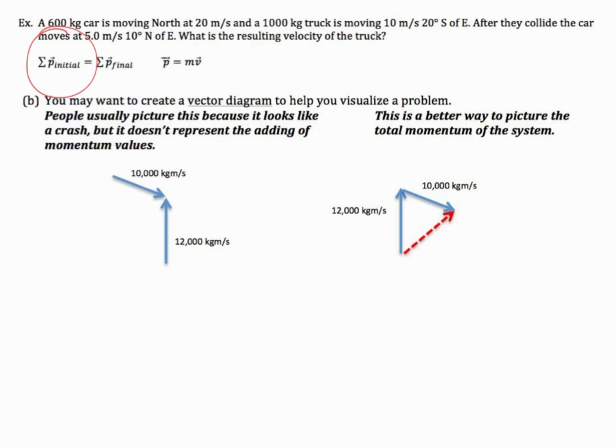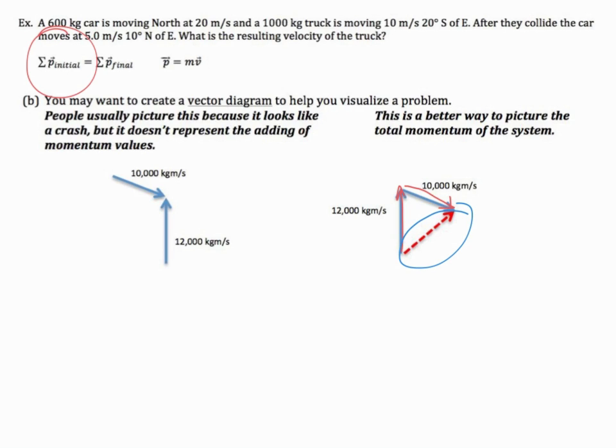So our car is traveling to the north, so that's our arrow just straight up in my picture, and then the truck is moving at 20 degrees south of east. So I start from the end of that head and begin the tail, and so we end up with this sort of picture. Now, this dotted arrow that I have here, that is not any single object's momentum.